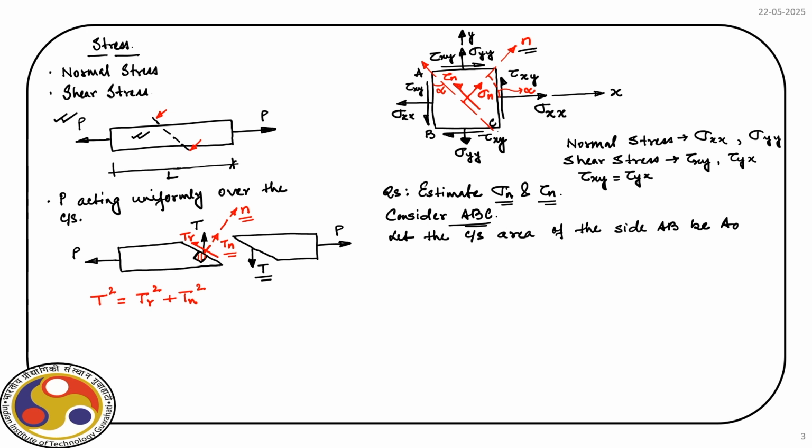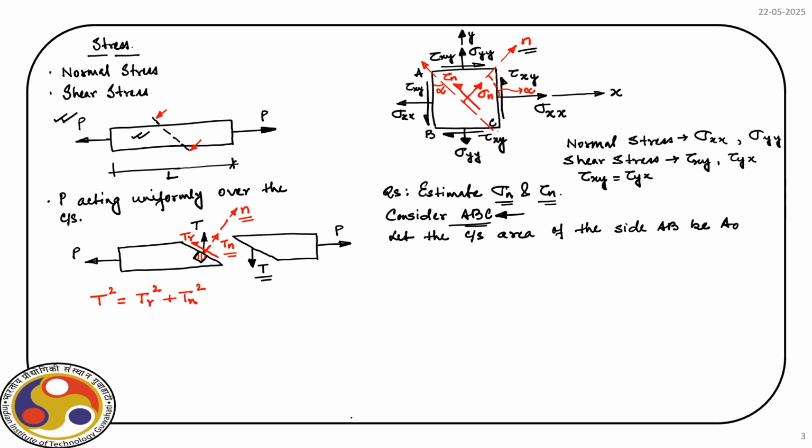Okay. So, what we can do now, we can identify the forces acting on the wedge, and then we can apply the equilibrium condition, because over this wedge ABC, all the force components acting over this wedge must balance each other, and using that condition we can find out say sigma n. Let us see how we can do it.